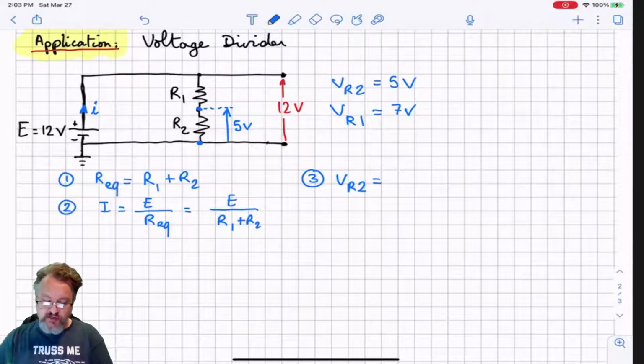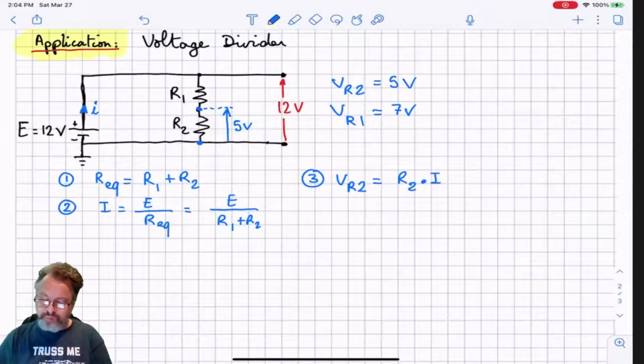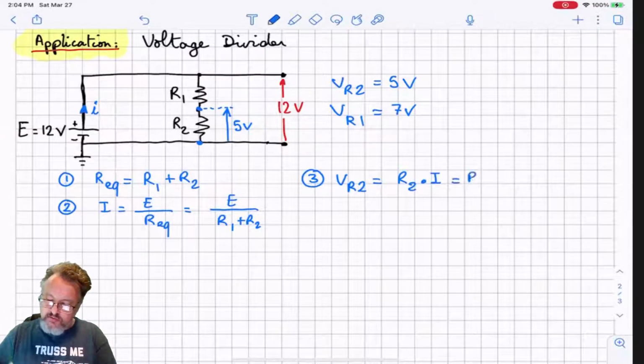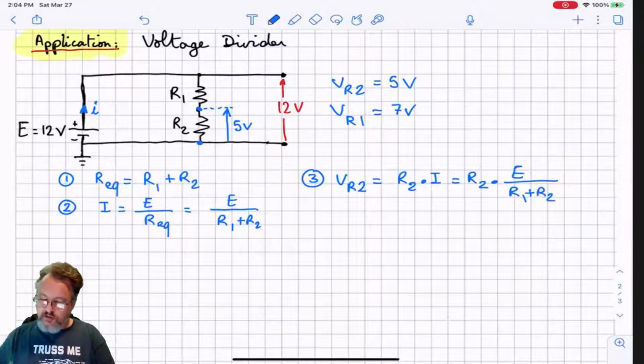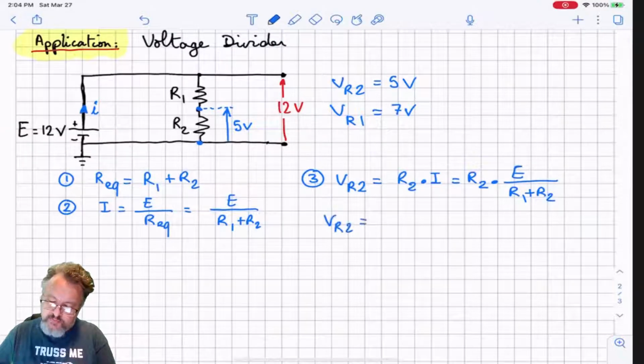So I'm going to say that VR2 is equal to R2 times I. Again, this is Ohm's law, which is R2 times E over R1 plus R2. Okay, so let's rewrite it as VR2 equal R2 over R1 plus R2 times E.